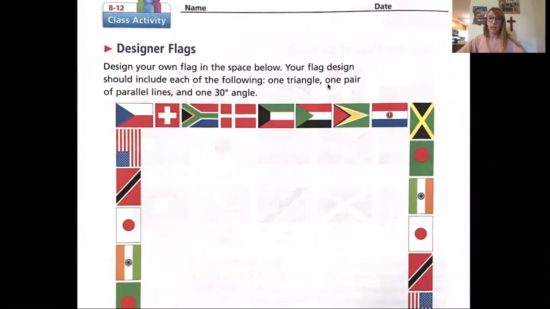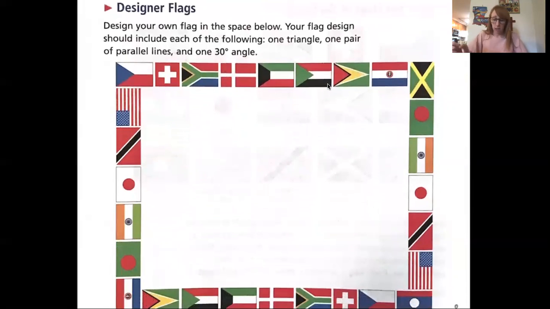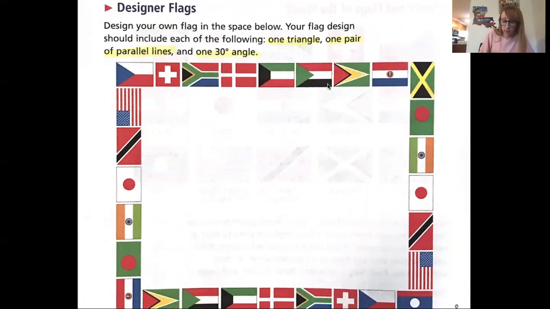Okay. Now, we kind of talked about this at the beginning. You're going to take the directions and you're going to design your own flag. You need to make sure that you include one triangle, one pair of parallel lines, and one 30-degree angle. Now, if you want to include your triangle and your 30-degree angle in the same thing, great.